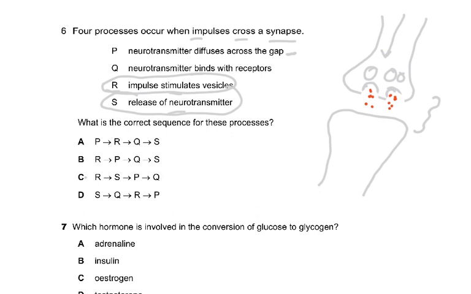So release of neurotransmitter, and then neurotransmitter diffuses across the gap, and then neurotransmitter binds to receptors. There are these receptors here, and the neurotransmitter binds to them. So that is why the answer was C.